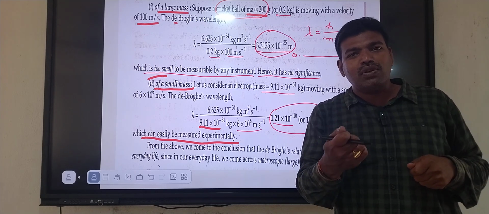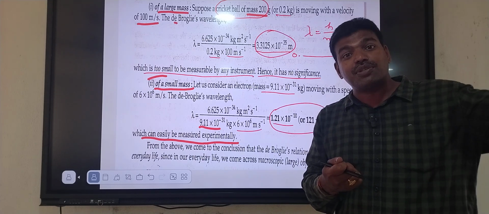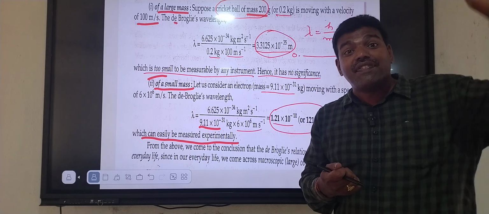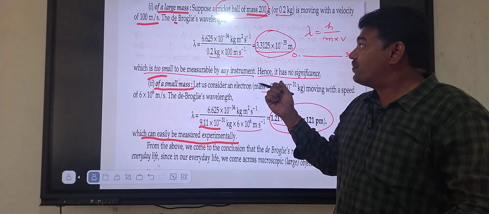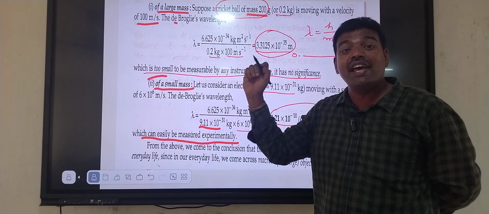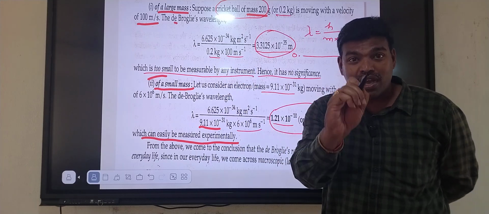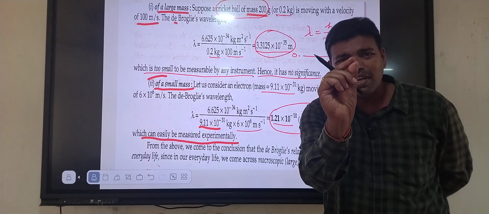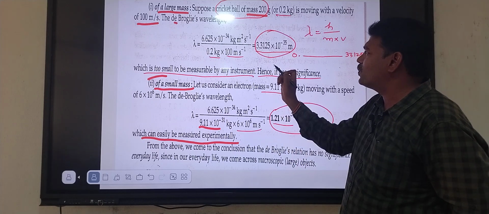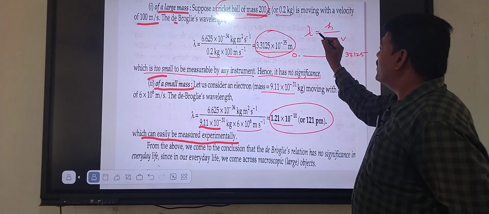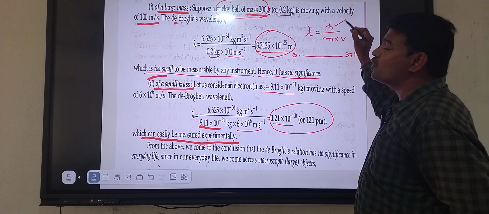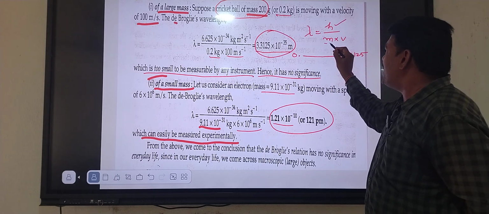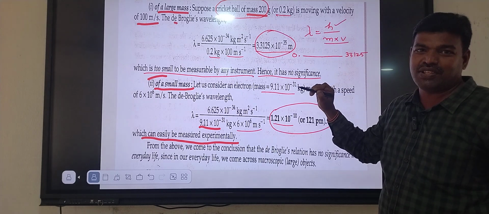But when we wish to calculate the wavelength of the car that is moving on the road, because of its large mass, its wavelength value could be very, very low, because it is a fundamental truth. For example, in the de Broglie relation, h is the numerator, and m and v are the denominators.